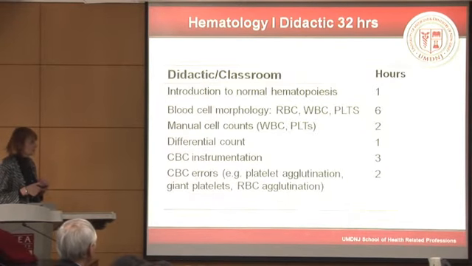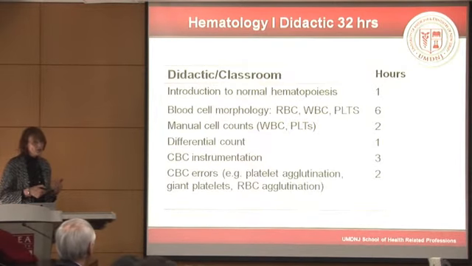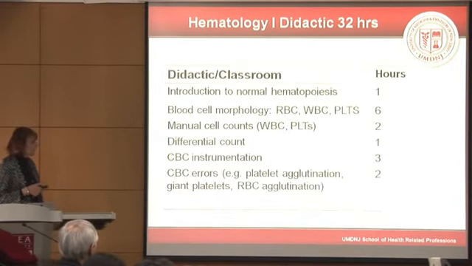Manual counts. Some hospitals still do some manual counts to confirm the instrumentation counts, especially with the platelets. So we have kept that in our curriculum, but I think that's going to also not be included in the future. The differential count, again, these are lecture hours.